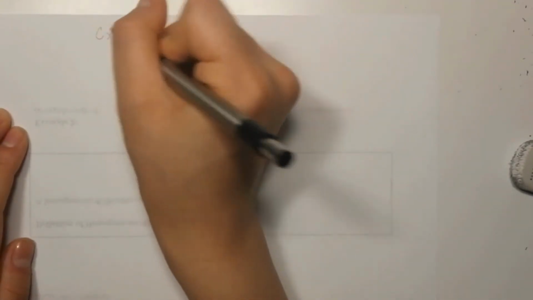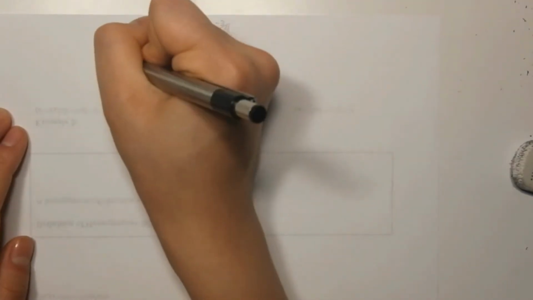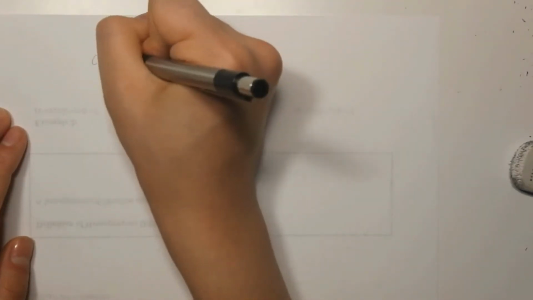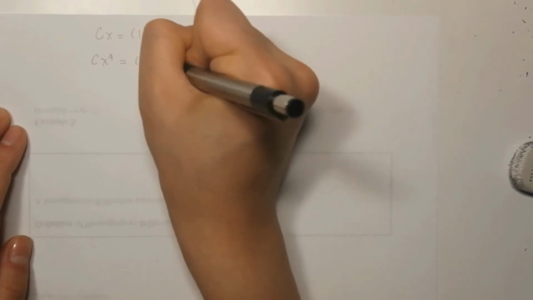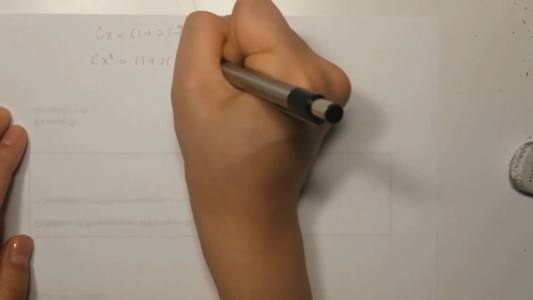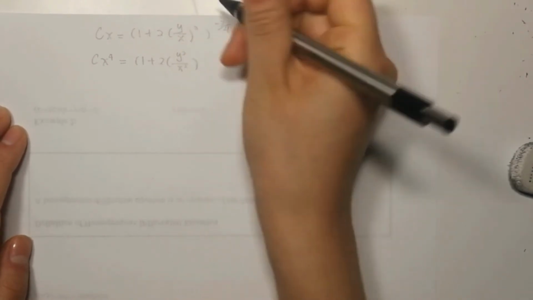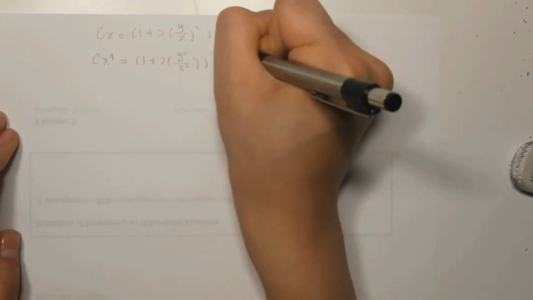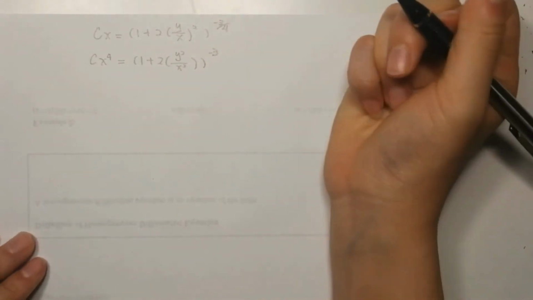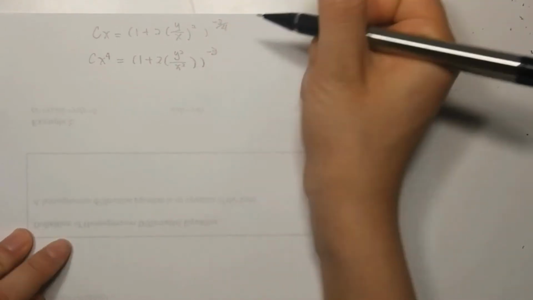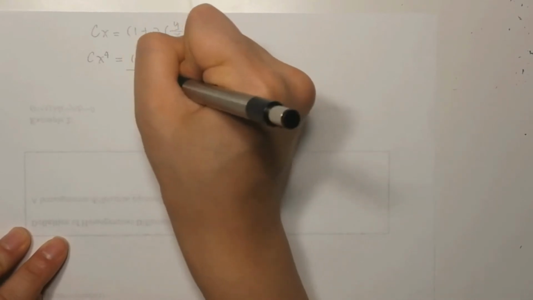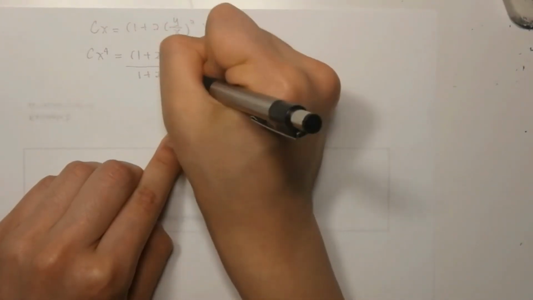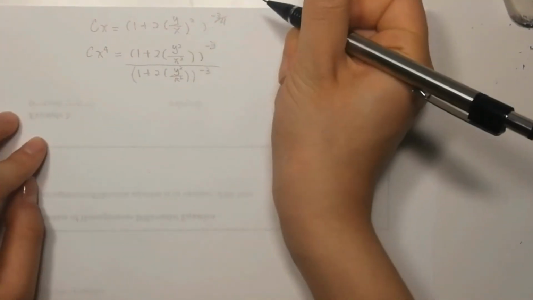To do so, take the power of 4 on both sides, so it will be c to the power of 4, which is still c, so x to the power of 4 is equal to, this part is still the same. I'll get rid of the parentheses, so it's y squared over x squared, and all to the power of negative 3. And then we could multiply or divide both sides by the same thing, by negative 3.